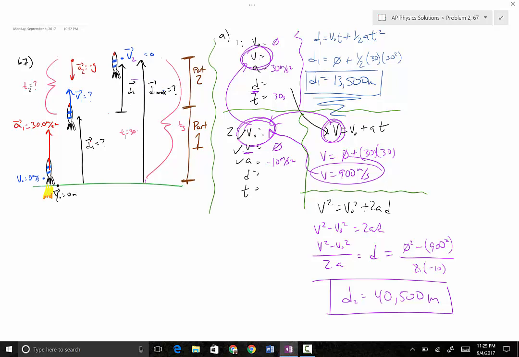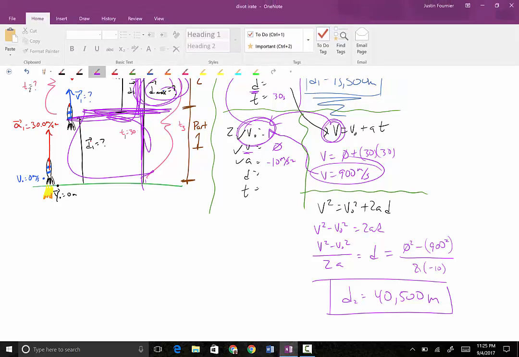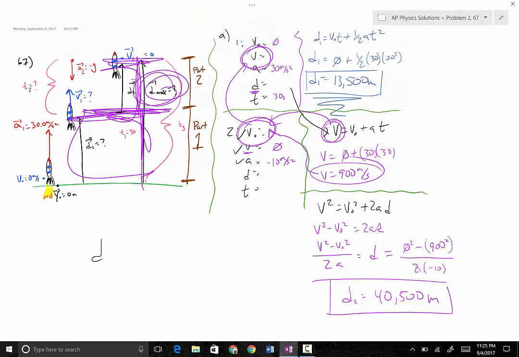And hopefully you can see that D max is just D1 added to D2. So D1 plus D2 equals D max. Let me write that out. D1 plus D2 equals D max.